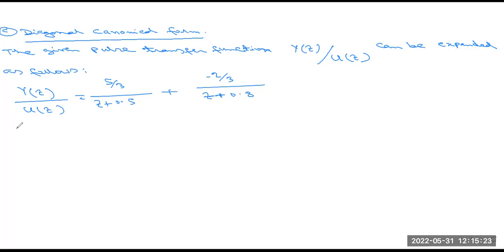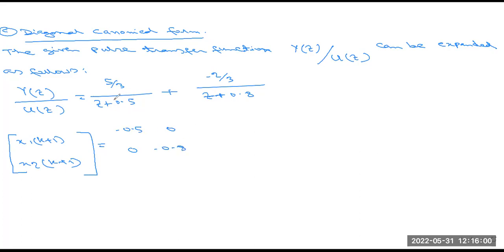Now you have to make the matrix form of the given equations. The first variable is x1, the second variable is x2, with x(k+1). The matrix is minus 0.5, 0, another 0, minus 0.3.